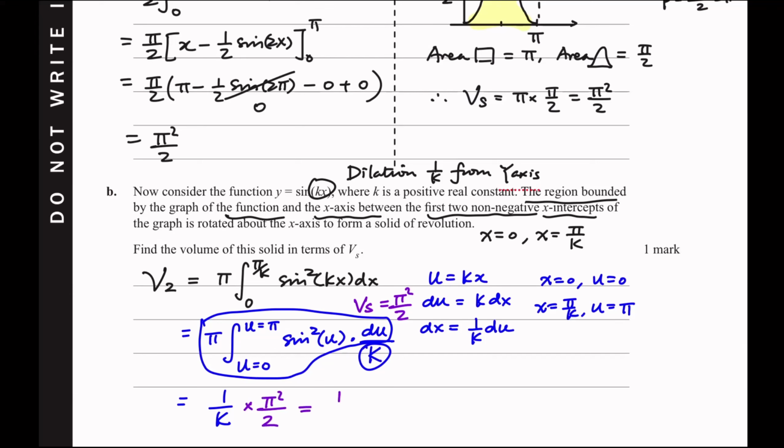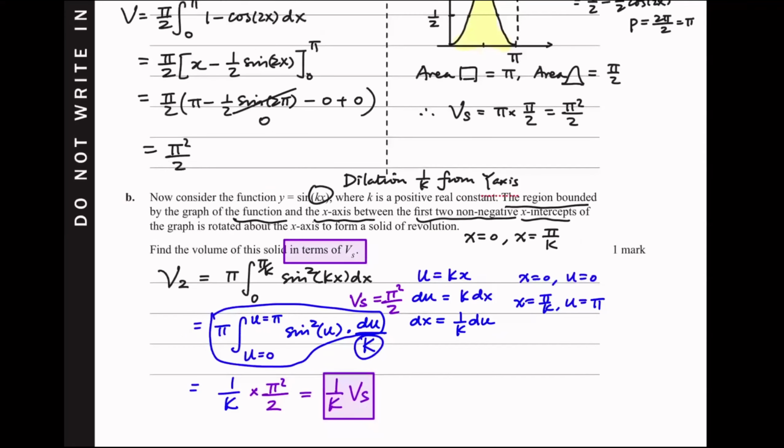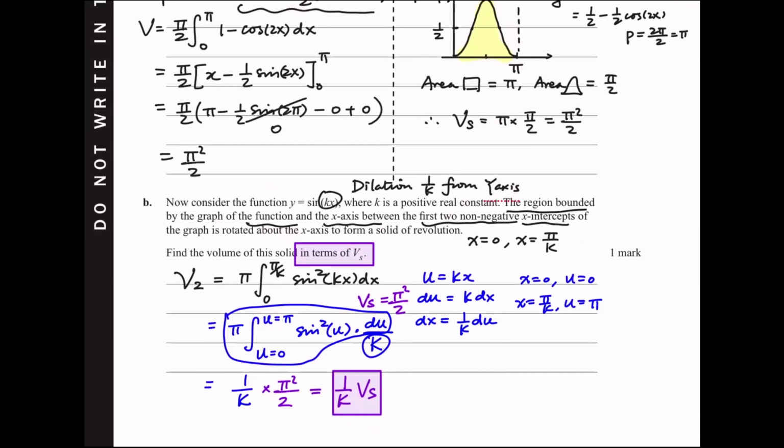That will give you 1 over k times Vs. Make sure your answer is written in terms of Vs, rather than pi squared divided by 2k, because you need to address the specifics of the question, in my opinion.